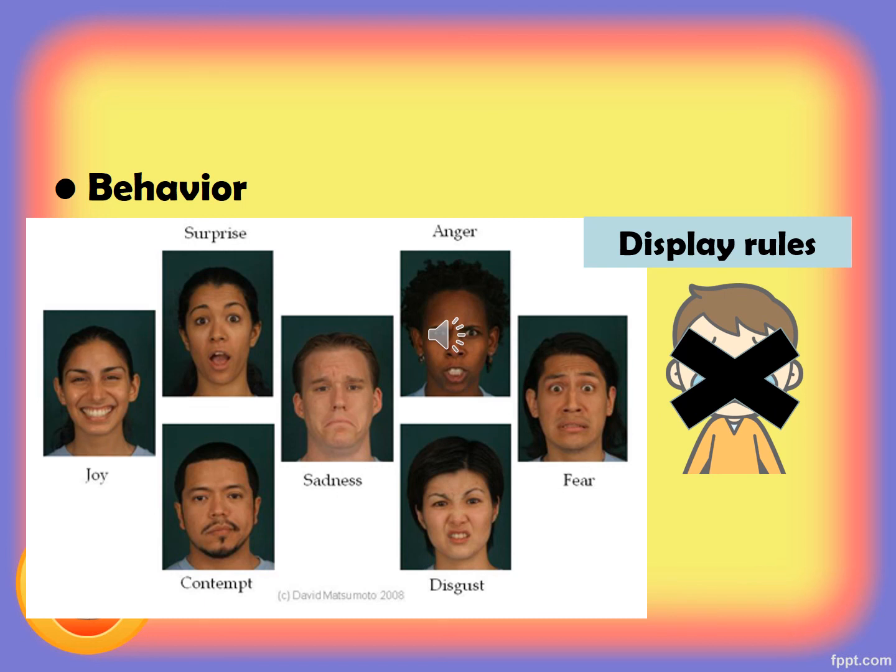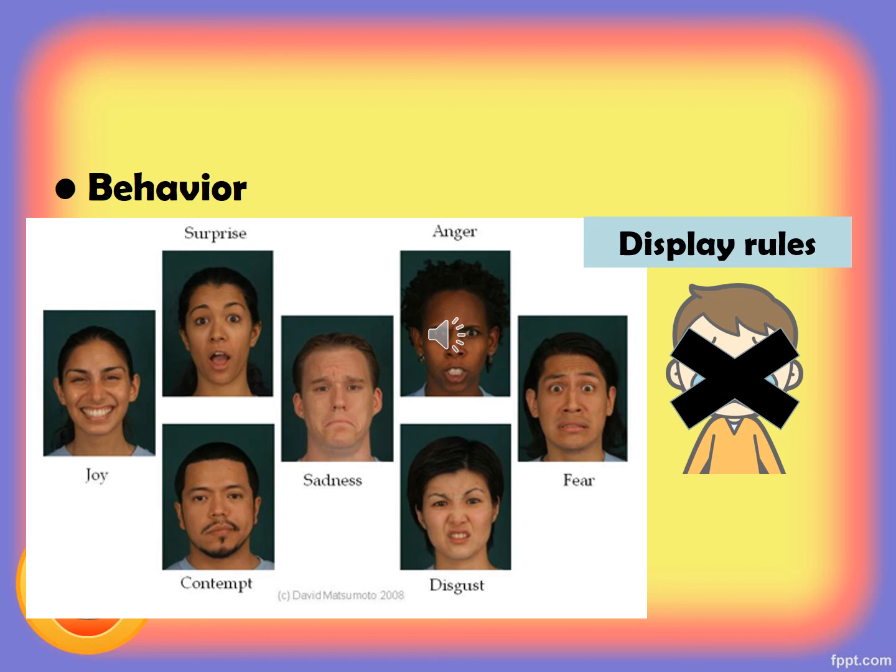Besides the physiological arousal that relates to emotions, we do have behaviors of emotion. It means the way that we express. This expression may not be limited to your facial expression. It can be your movement as well as your standing position and your sitting posture.